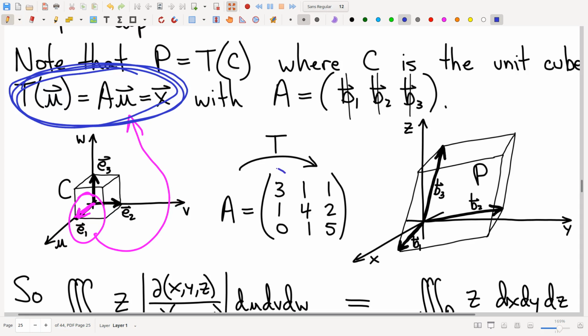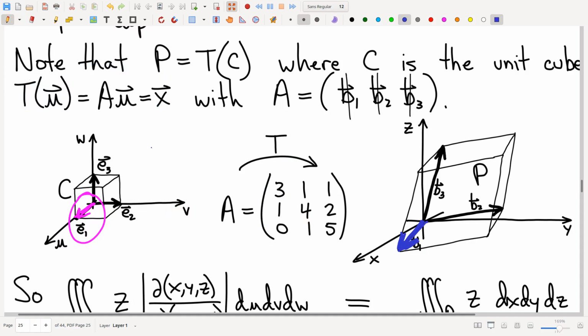You get the first column of A, which by construction, by our clever working it out in advance, we've already arranged to be the first edge of the parallelepiped. Right, so this is why we love this move. This is why this is an awesome move. The edge vectors of the unit cube, their images are the edge vectors of the parallelepiped.